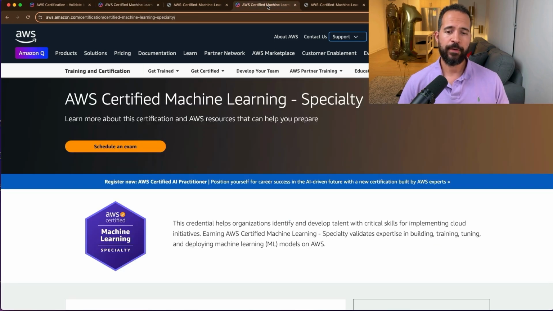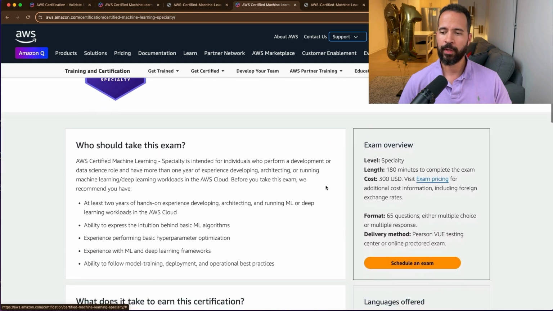Now, as we jump over to the AWS Certified Machine Learning Specialty, let's look at that brief overview. This credential is going to help identify and develop talent with critical skills for implementing cloud initiatives. By earning your Certified Machine Learning Specialty, this is going to validate expertise in building, training, tuning, and deploying machine learning models on AWS. Let's take a look at the exam overview. Again, this is a specialty level certification.